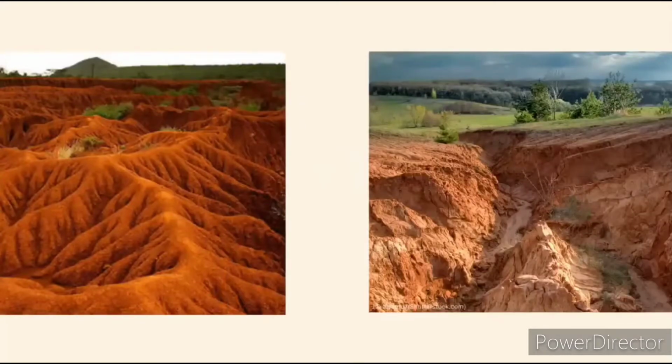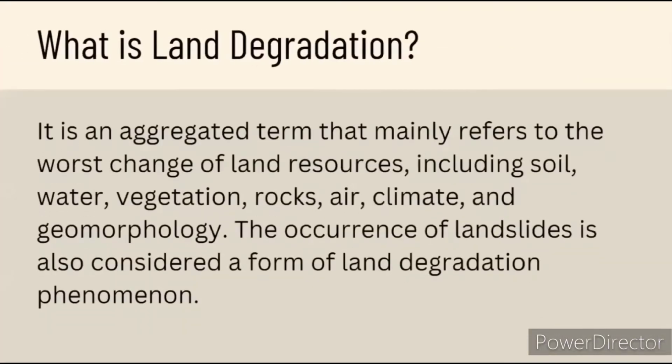So here are examples of land affected by degradation. So what is land degradation? It is an aggregated term that mainly refers to the worst change of land resources including soil, water, vegetation, rocks, air, climate, and geomorphology.